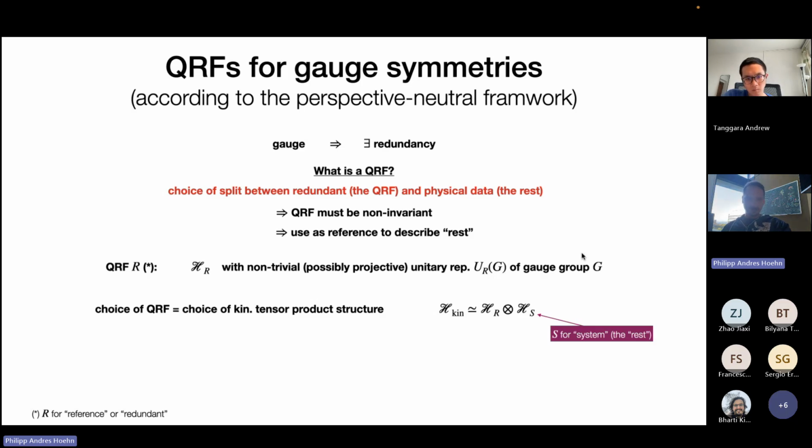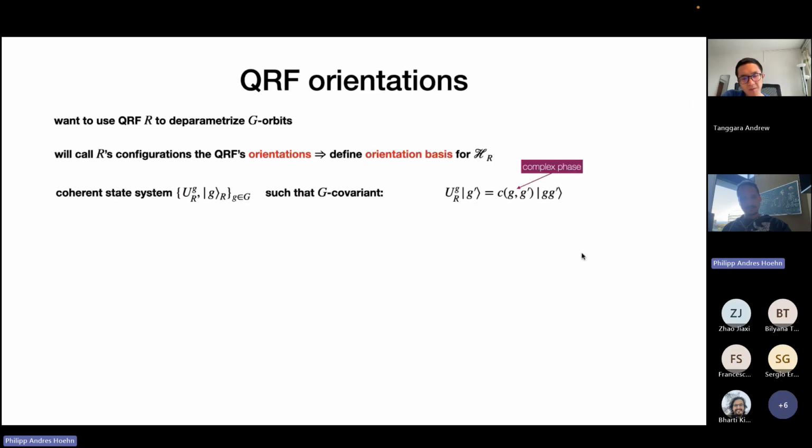Those are the degrees of freedom we want to describe relative to the frame. And for simplicity, we're going to assume that the total representation of the gauge group on this total space is given by a unitary tensor product representation. It's not strictly necessary, but it turns out to be sufficient for all the stabilizer codes. And if you don't make that assumption, your life gets significantly more complicated.